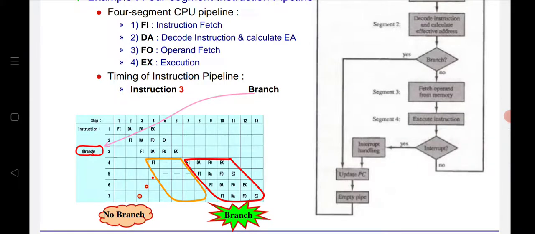In the second clock pulse, the first instruction will be decoded and the effective address calculated, and at the same time you are fetching the second instruction. In the third clock pulse, the first instruction does the operand fetch, the second instruction is decoded and its effective address calculated, and you fetch the third instruction.